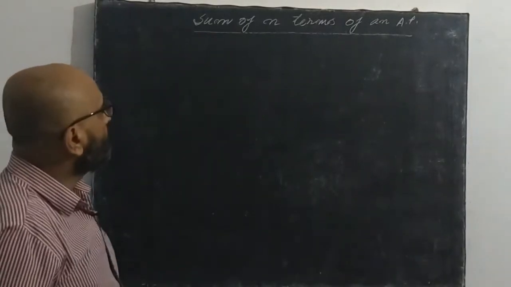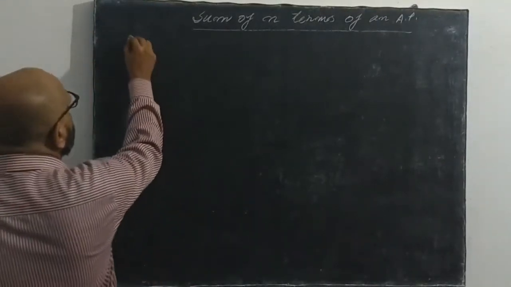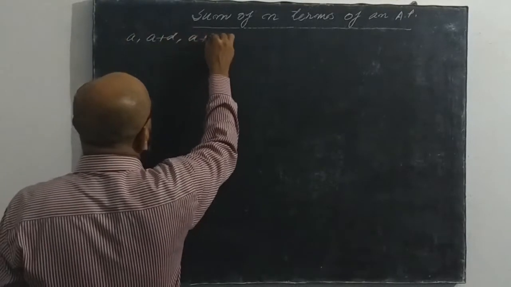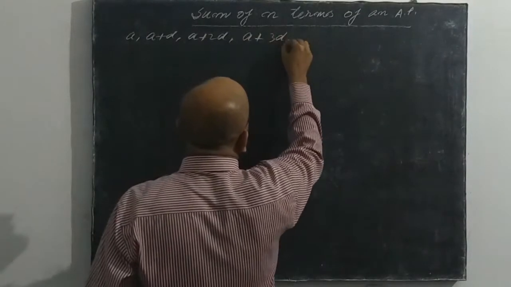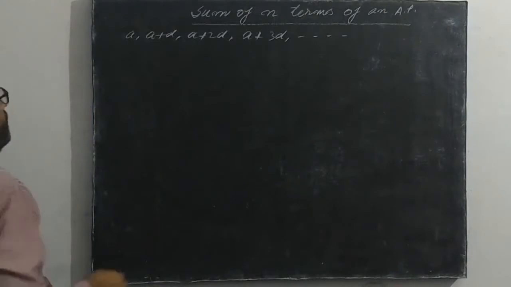Now we have to talk about the sum of n terms of an AP. Let a, a plus d, a plus 2d, a plus 3d and so on to infinity be an AP, arbitrary.